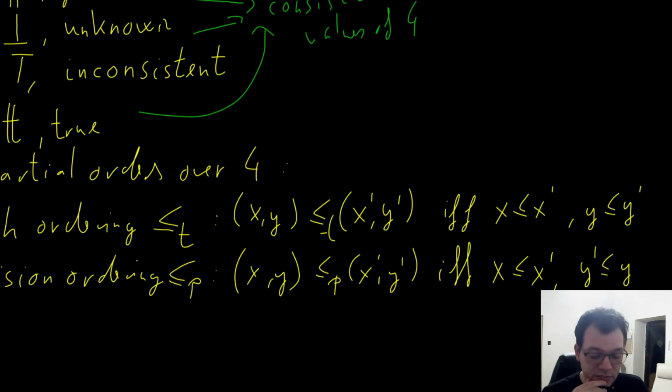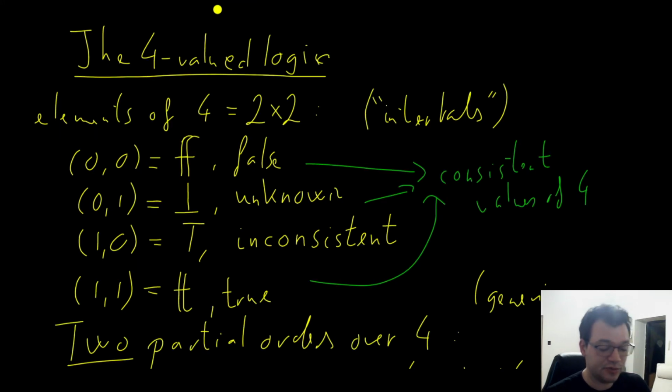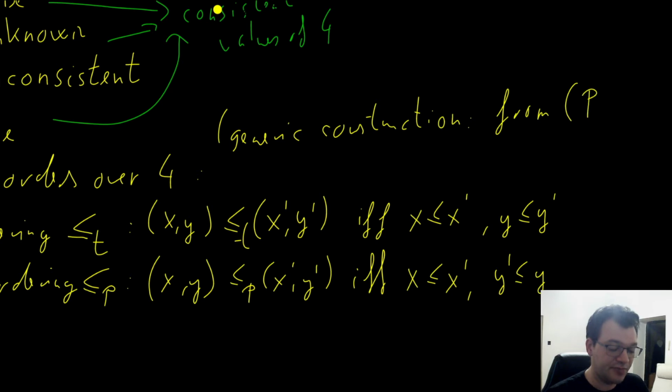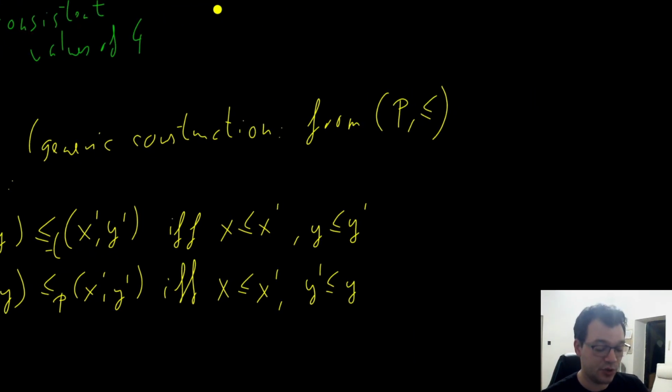Now we can make any poset into a poset of intervals using these two orderings. So this is a generic construction. From any arbitrary poset P with some ordering, we can make these two posets using the very same definitions, the poset of intervals with the two orderings.